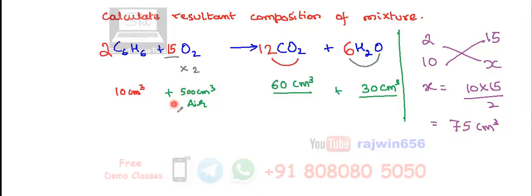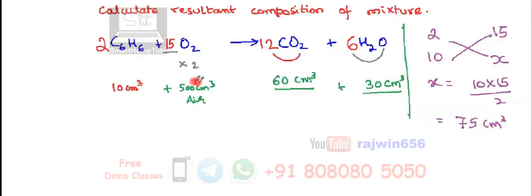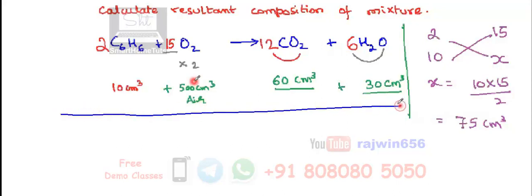Now I come back to this 500 cm³. Okay, now 500 cm³ of air is there. In that 20% is going to be oxygen. So 20% of 500, which is 20 upon 100 into 500, which is going to be 100 cm³ of O2, that is oxygen, is present before the reaction starts.